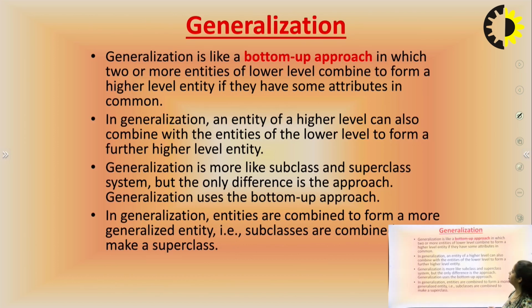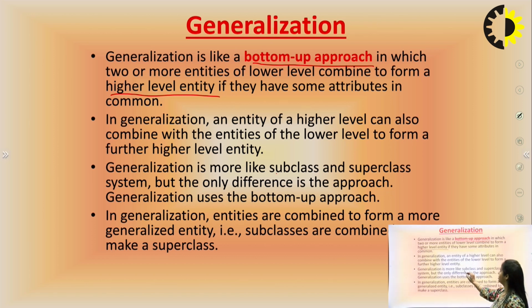Next is generalization. Generalization is the bottom-up approach in which 2 or more lower level entities combine to form a higher level entity. Here we create a higher level entity with the combination of lower level entities. In generalization, an entity of a higher level can also combine with an entity of lower level to form further higher level entities.